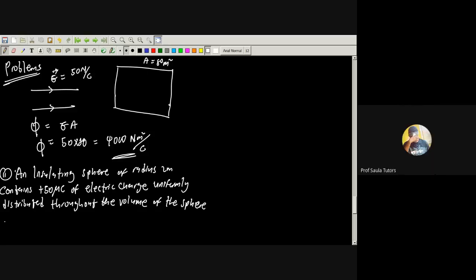So question A, you asked, they said, what is the electric field 1.5 meter away from the center?